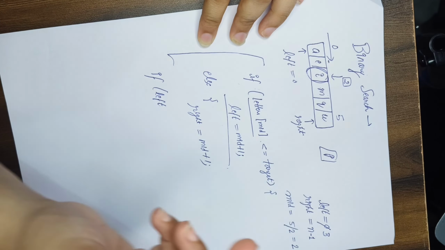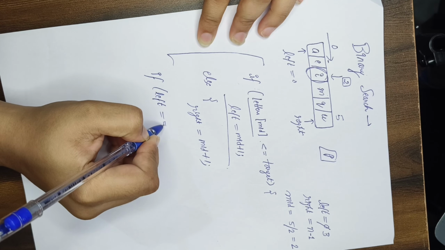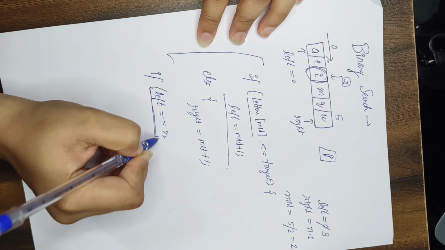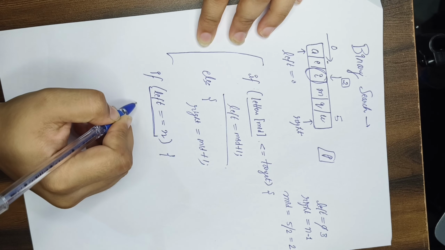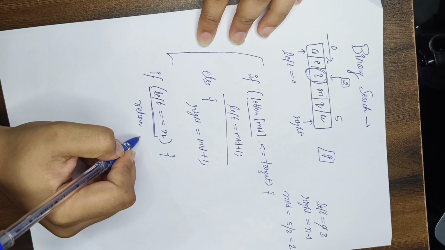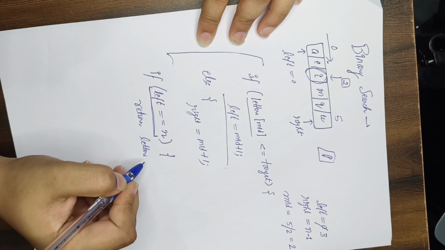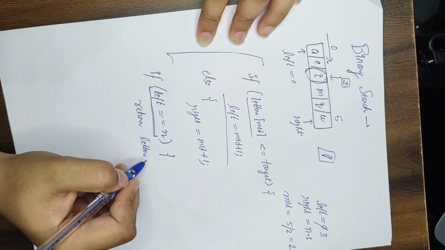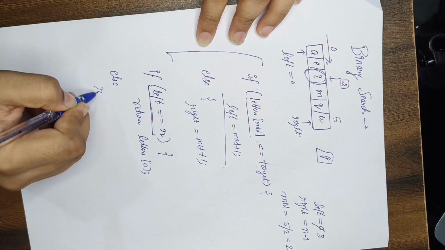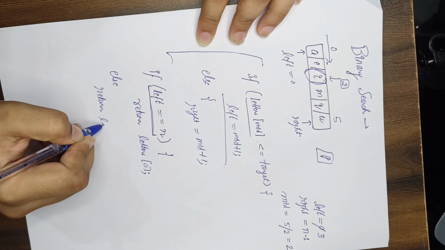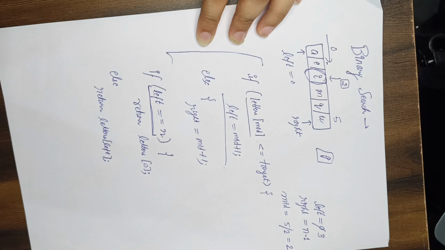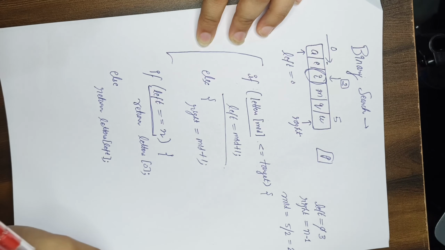If left is equal to n, the size of the array, then return letters of 0, because no element was found lexicographically greater than the target element. Otherwise, simply return letters of left, because left will be our answer. This is the approach we can use here.